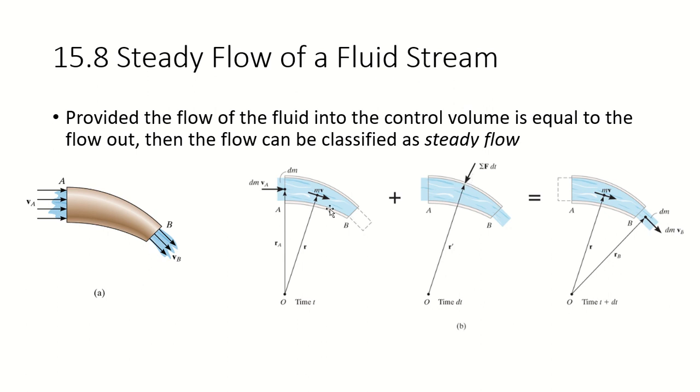You can see the sum of the forces, and here the same thing coming out, and the time taken, time t. Here's your change in time, delta t, a minute change in time, and we're just adding how long it takes. If we want a steady flow, then the flow of that fluid going into the control volume has got to be equal to the flow out.